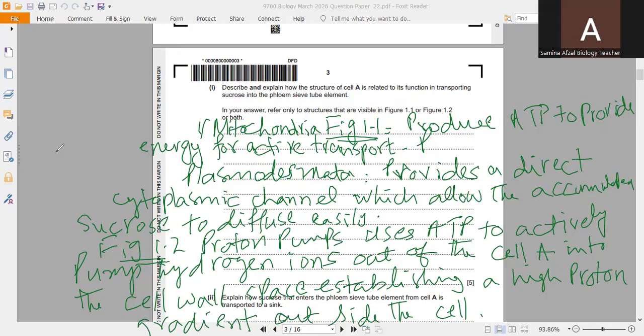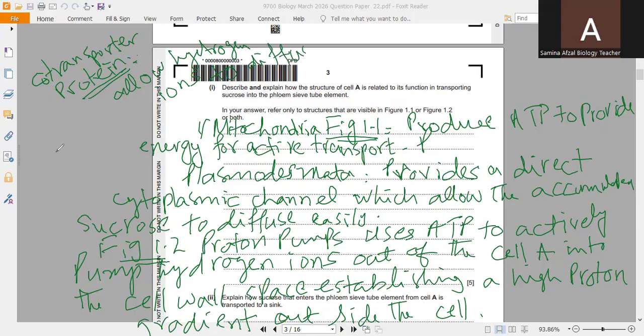And co-transporter protein will allow hydrogen ions to diffuse back into cell A, down their concentration gradient.